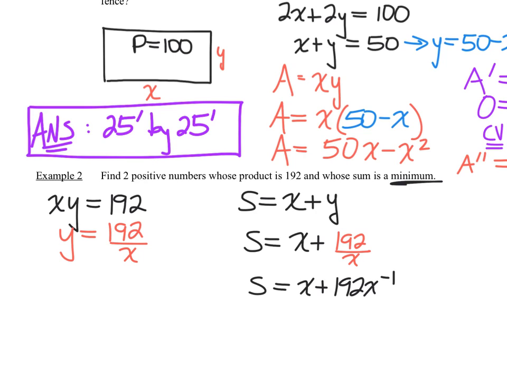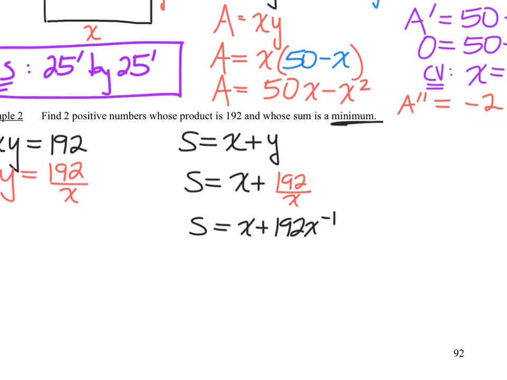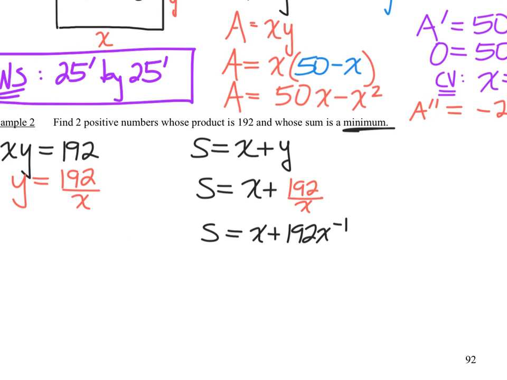All right, so I'm looking for a relative minimum or an absolute minimum. Now, it's not a restricted domain, so if there isn't a natural absolute minimum, then it's not something I would be able to find. So S prime would be 1 minus 192x to the negative second. Set it equal to 0.